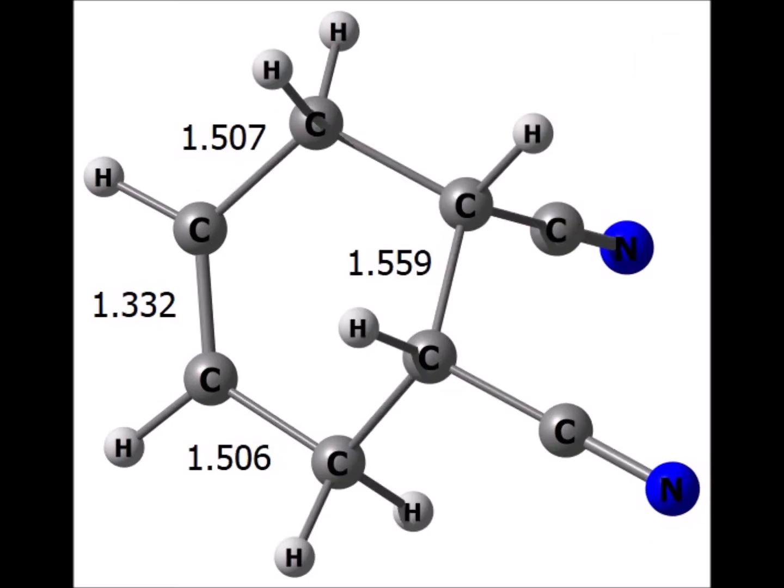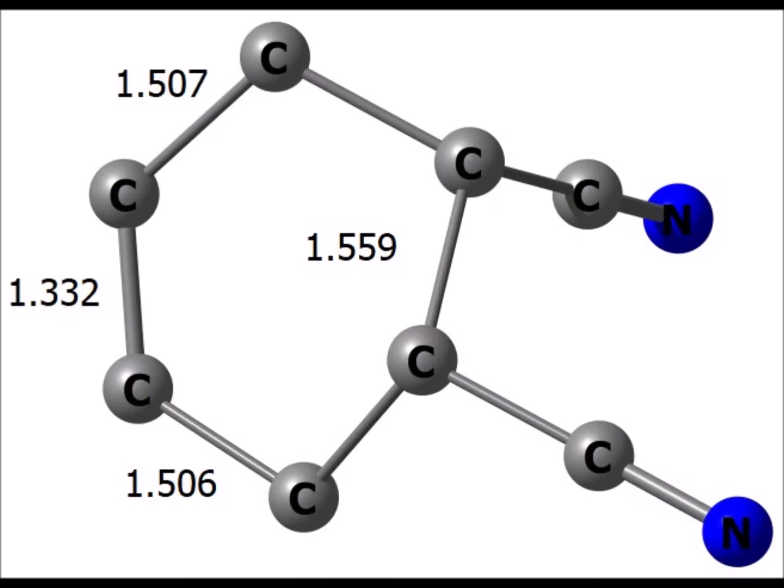Here we have two consecutive views of the product, which is a cis 4,5 dicyanocyclohexene, showing the cis relationship of the cyano groups, one of which is in an equatorial position, the other of which is in an axial position. In this particular diagram, we see the hydrogens removed for the sake of clarity.